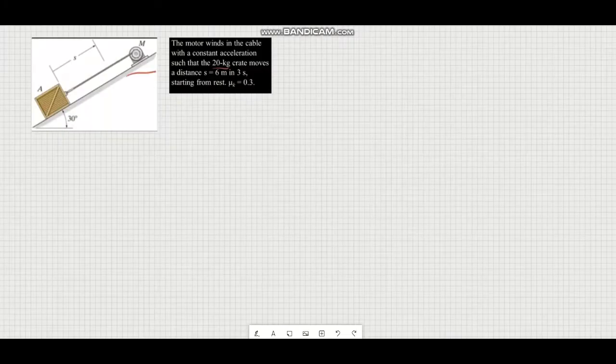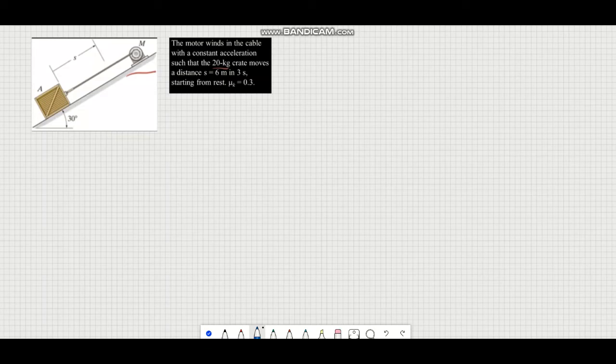In this question, we have an inclined surface and a motor winds in the cable with a constant acceleration such that the 20 kilogram crate moves a distance of 6 meters in 3 seconds, and it starts from rest, so there is no velocity at the beginning.